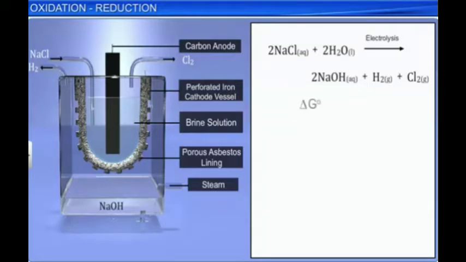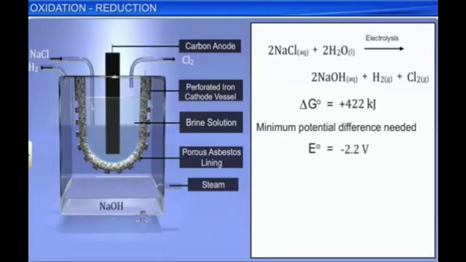The delta G naught for this reaction is plus 422 kilojoule. The minimum potential difference needed for oxidation, E naught cell, is equal to minus 2.2 volt. Due to overvoltage, the electrolysis process requires an external EMF greater than 2.2 volt.